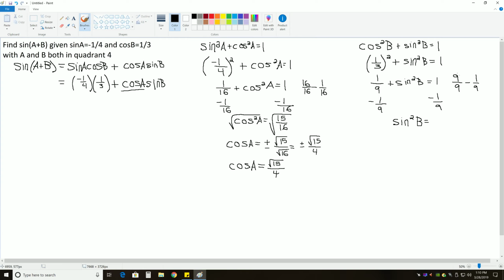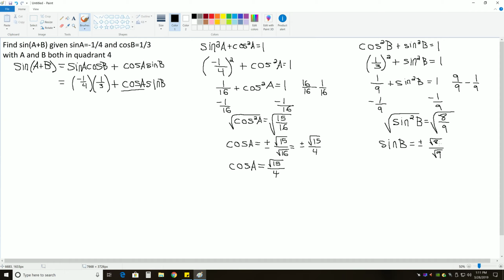Again, 1 is the same thing as any number over itself. So 9 minus 1 over 9 leaves us with 8/9. And now we can finally get sine of b by itself by taking the square root of each side, leaving us with sine of b equals plus or minus the square root of 8 over the square root of 9.